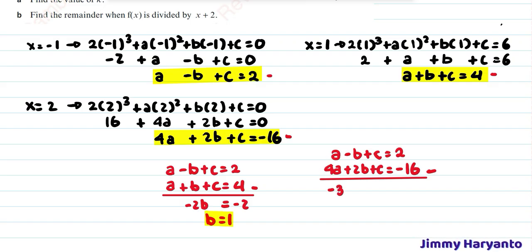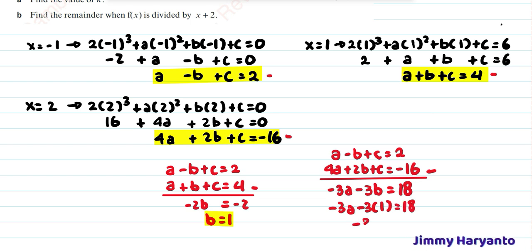So we will have negative 3a minus 3b equals 18. Since we already have the value of b, we can substitute it. So negative 3a equals 21, a equals negative 7.